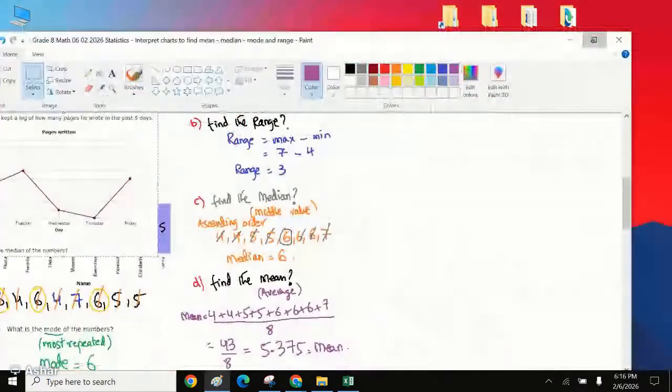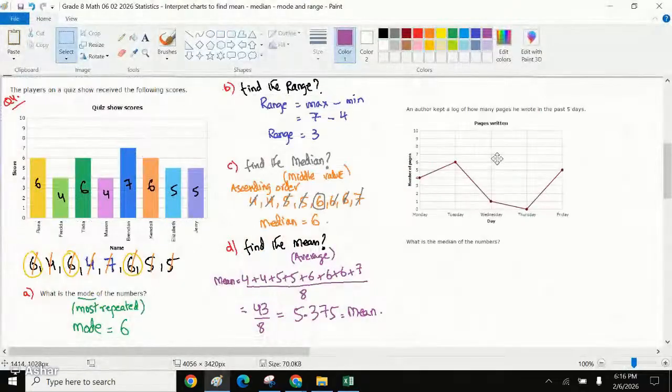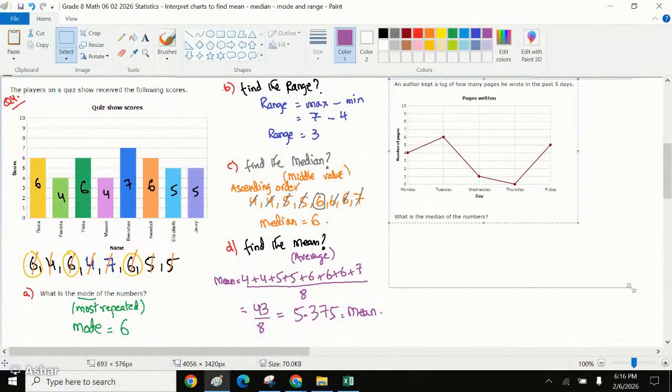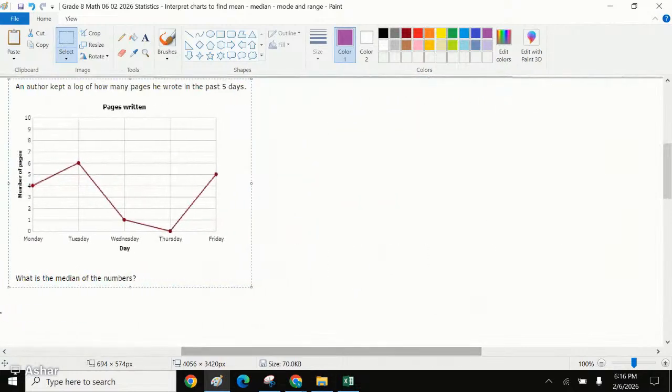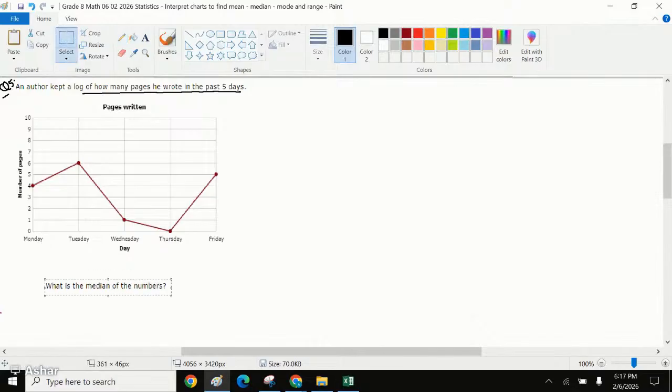So sorry, this copy pasted. For question number 5, an author kept a log of how many pages he wrote in the past 5 days. Okay, so what is the median? We are supposed to find the median. Before finding the median, let's highlight these numbers. On Monday, he wrote 4 pages.